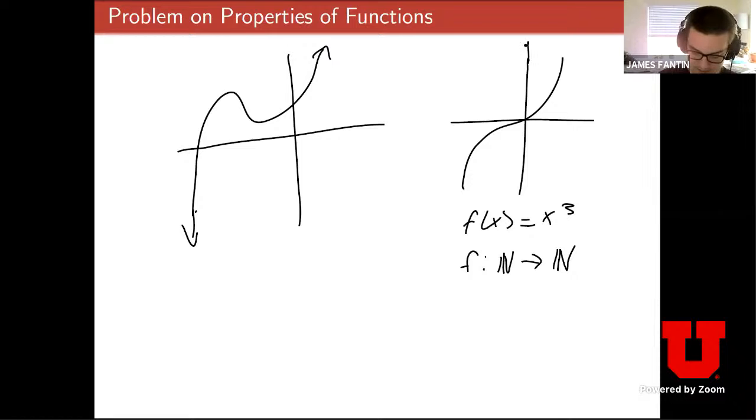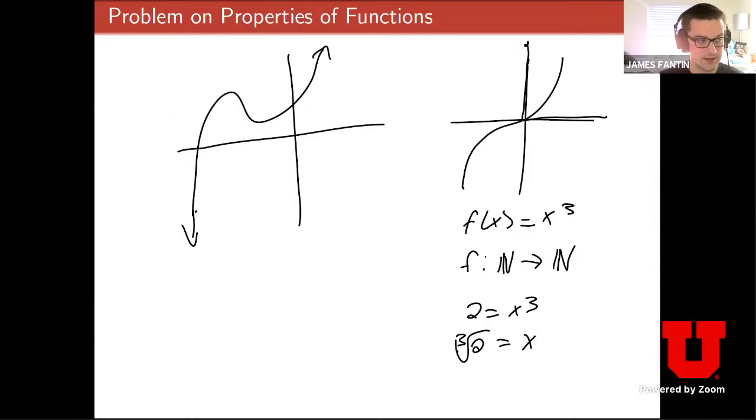Even though we'd be looking at this portion of the graph, there's nothing from the naturals that would map to that. For example, there's nothing that would map to 2 from the naturals, because the input would need to have been the cube root of 2. So if we're looking at the reals, this is a good graphical way to see that, but over other domains and codomains, not necessarily.